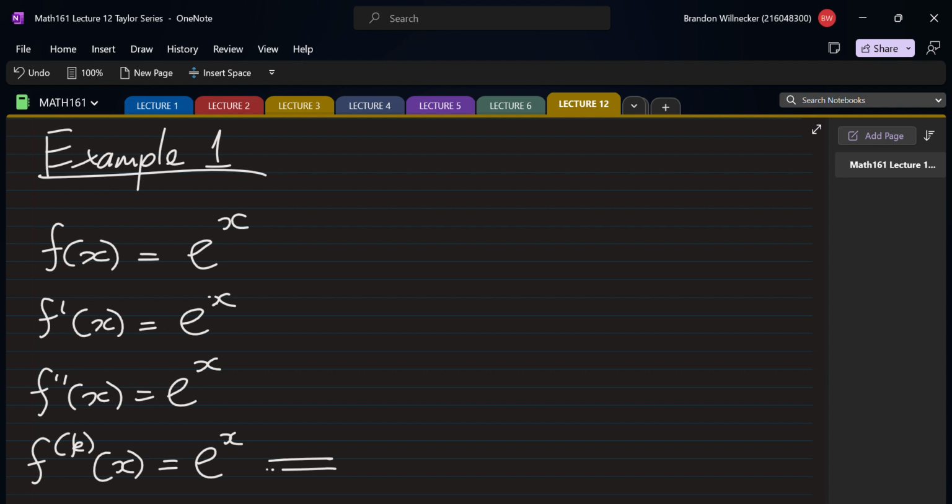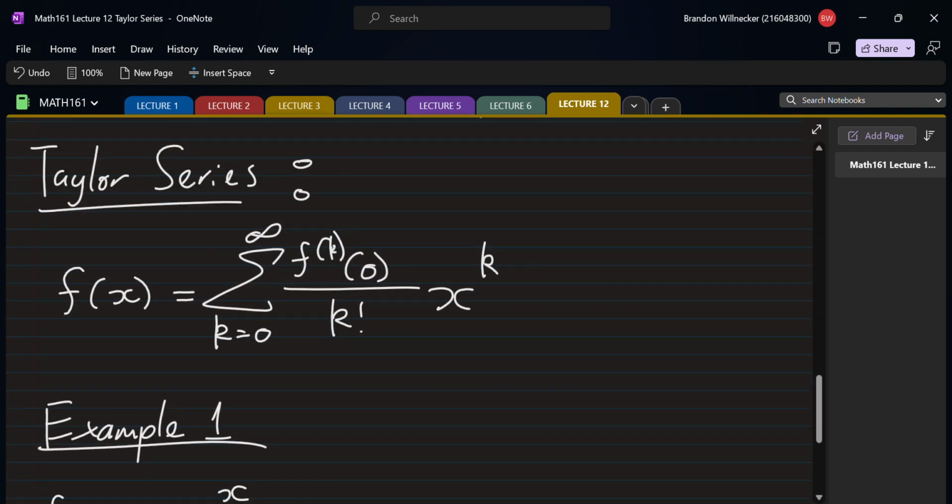So what this means is that the kth derivative evaluated at 0 is always going to be 1, which means our coefficients for this Taylor series will be 1 for the top part, that's always 1, and then just over k factorial.